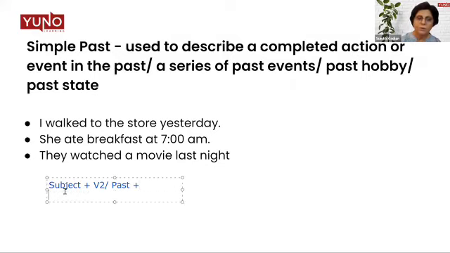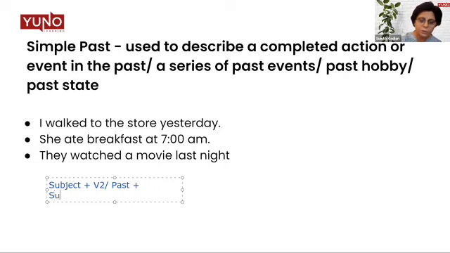So this can be used for what? For past facts, past habits or routines, a series of past events, one after another, when the things happen. You use this. Past facts, past hobbies, past events, any completed action in the past, a series of past events.